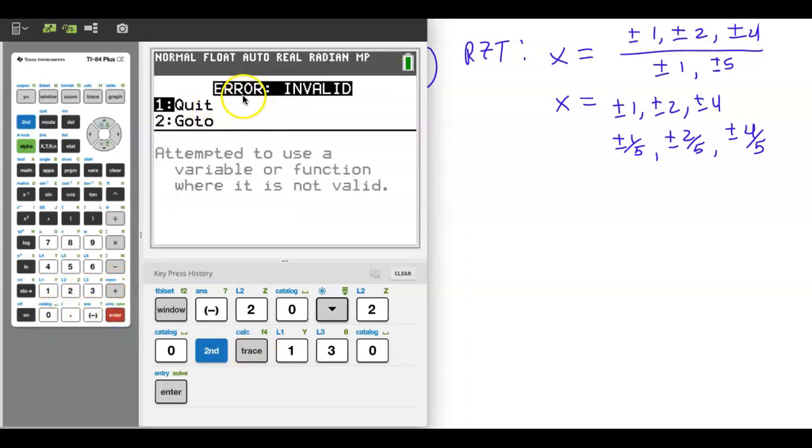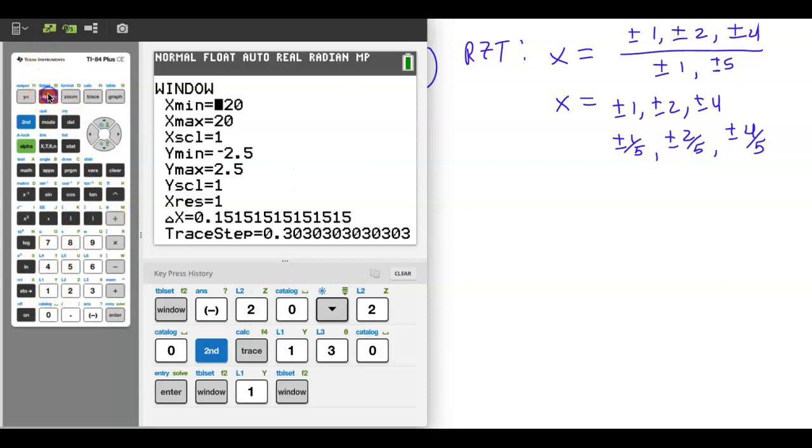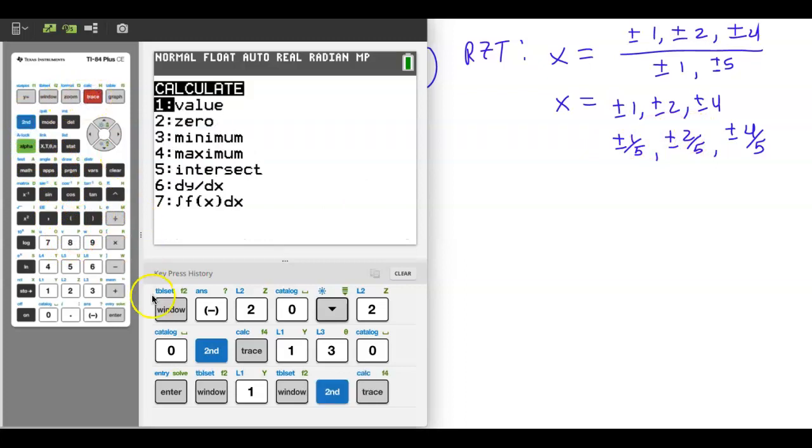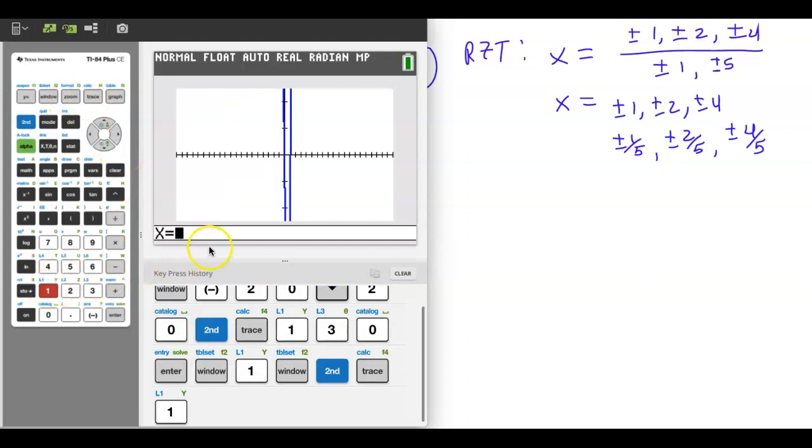And so you see here how it says error invalid. And so what that's basically telling you is that, A, you picked a value that's outside that window range. So that's why I was telling you that we needed to be able to set this range here and know what type of numbers we're going to be plugging in to start with.